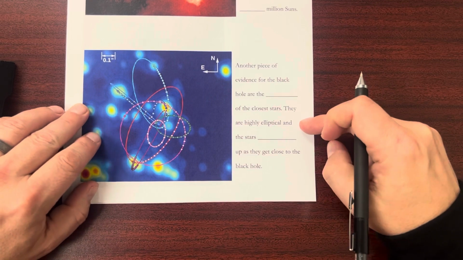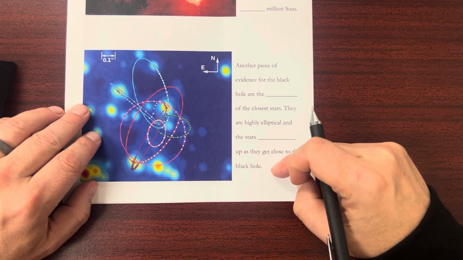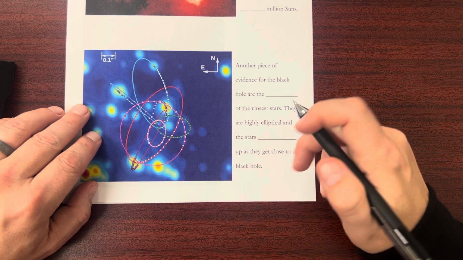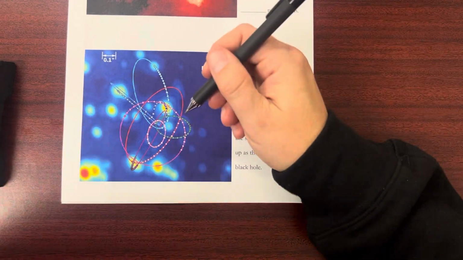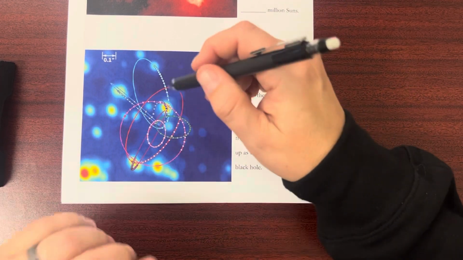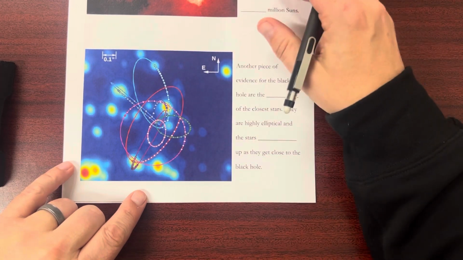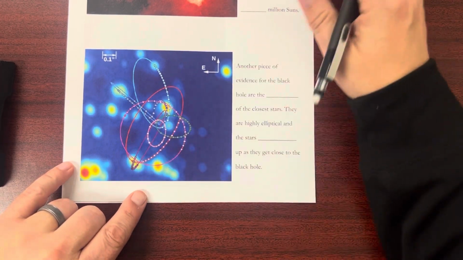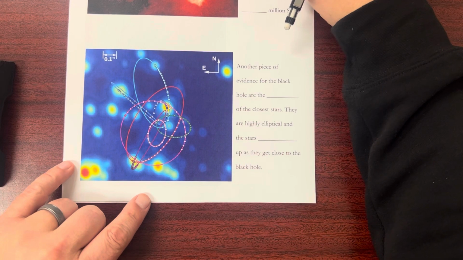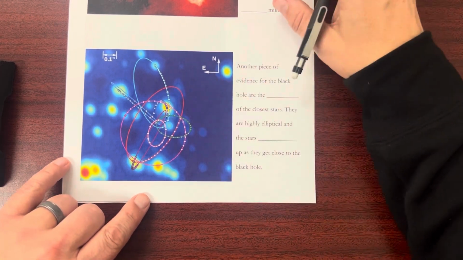They are highly elliptical, and the stars speed up as they get closer to the black hole. So as they're coming in towards the black hole, they start going faster and faster. And then as they loop around and go away from the black hole, they start to slow down. And that just keeps repeating that pattern. So again, since we can't see a black hole, this is evidence for the black hole.